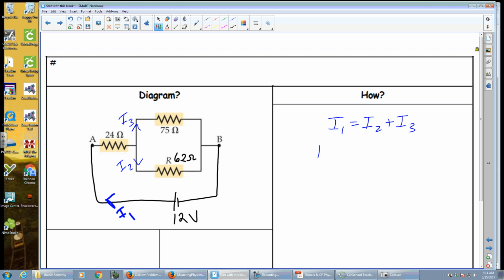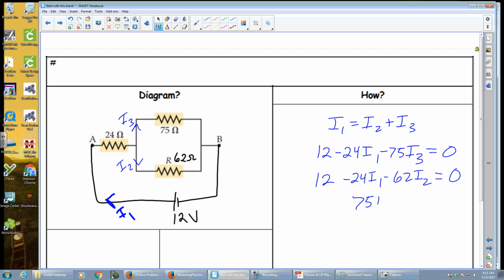I'll have 12 minus 24 I1 minus 75 I3 equals 0. 12 minus 24 I1 minus 62 I2 equals 0. And of course, 75 I3 minus 62 I2 equals 0.